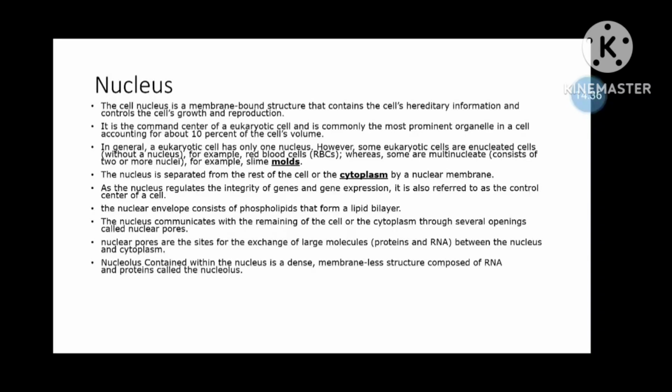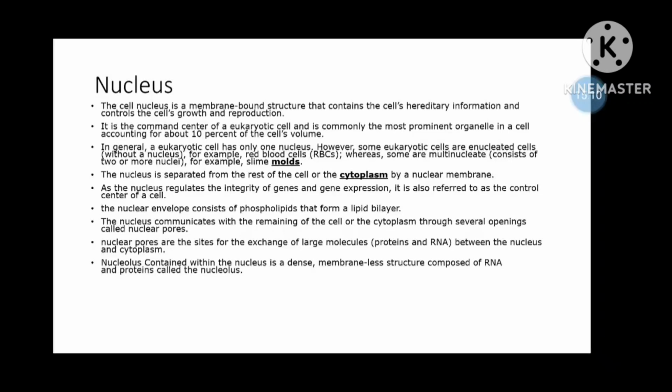Next is your nucleus. The nucleus is the brain of your cell. The cell nucleus is a membrane-bound structure that contains the cell's hereditary information and controls cell growth and reproduction. The nucleus is made up of the nuclear membrane and nucleolus.